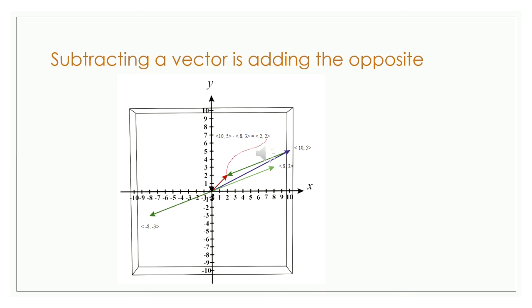So 8, 3 is the opposite of -8, -3. So if you take 10, 5, and you add -8, -3, you're going to land at 2, 2, but that's the same as subtracting the opposite, 8, 3. Subtracting 8, 3 gives me the same thing as adding -8, -3.